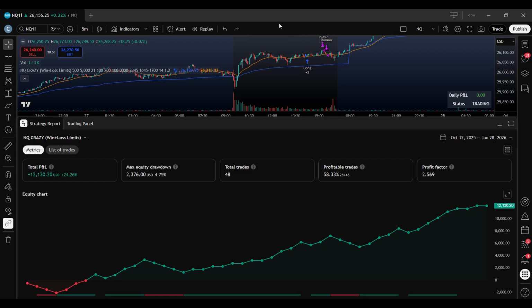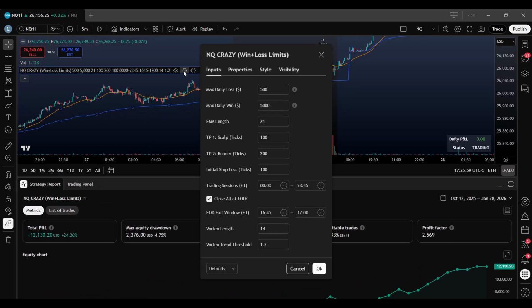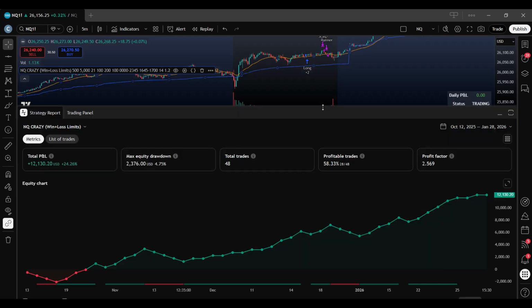Okay, so a few more things I didn't mention that might be important to you. On the properties tab, your initial capital is 50k, right? After this time that's passed, this is the profit you're at, but your max equity drawdown is here. So this will basically make your decision on what type of prop firm account you're going to put on this strategy.